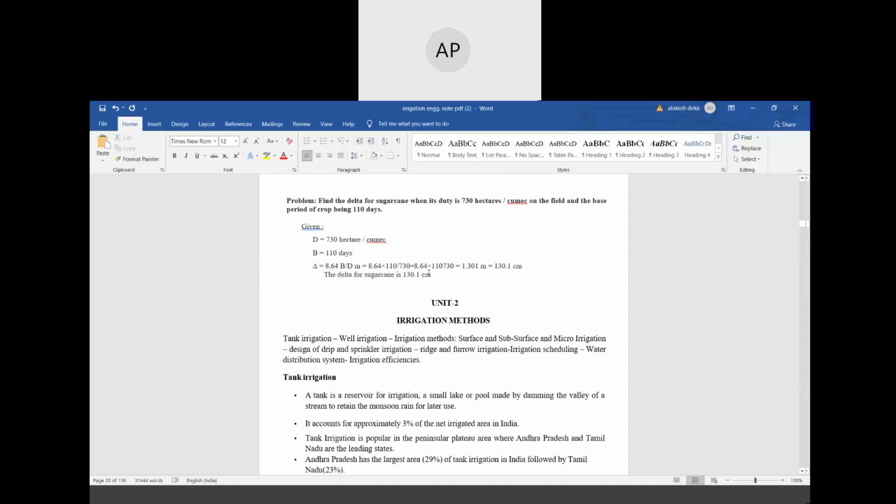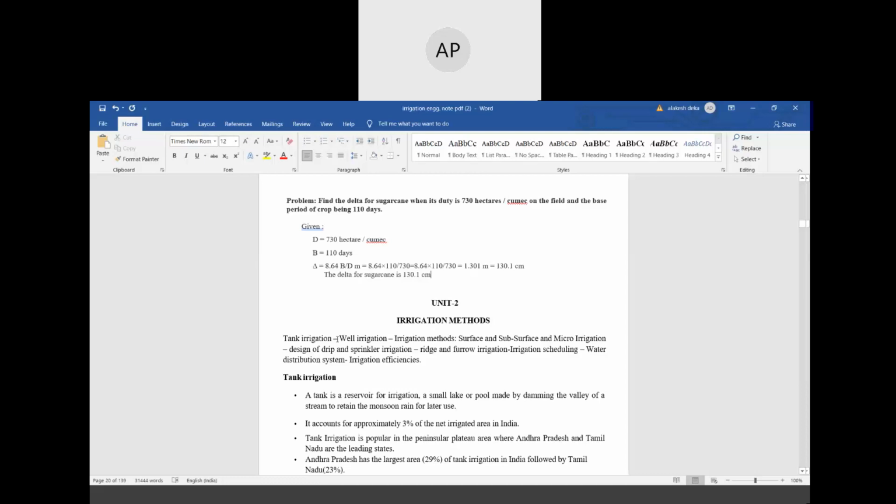Which is equal to 8.64 into 110 divided by 730. So we will get 1.301 meter. If you convert it to centimeter, it will be 130.1 centimeter. So the delta for sugar cane will be 130.1 centimeter, about 130 centimeter.